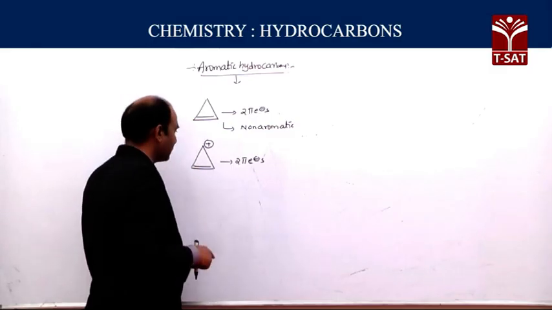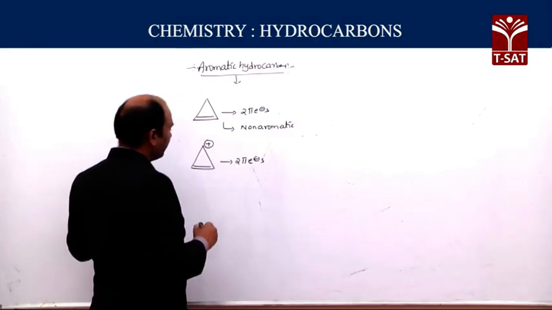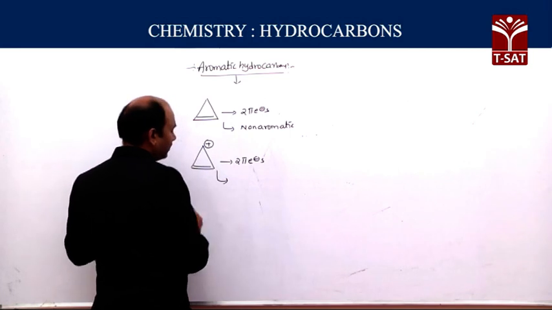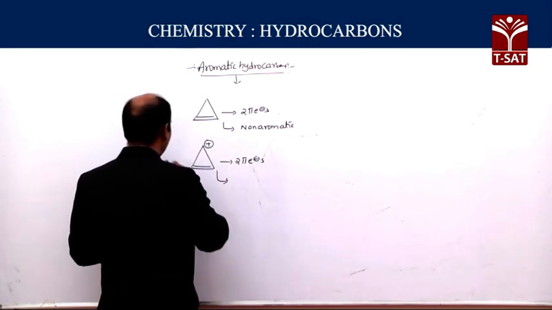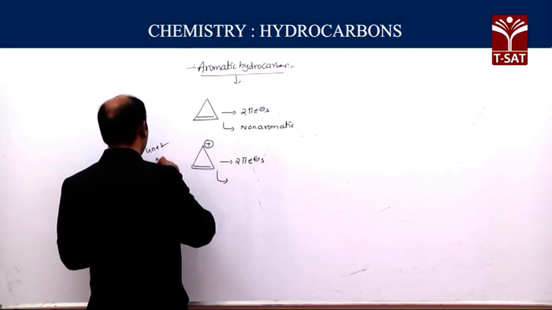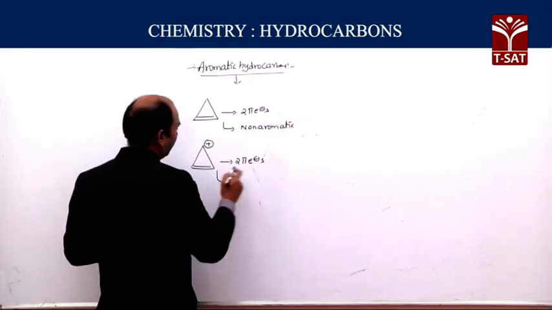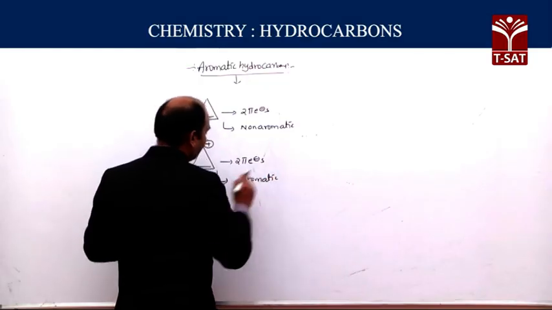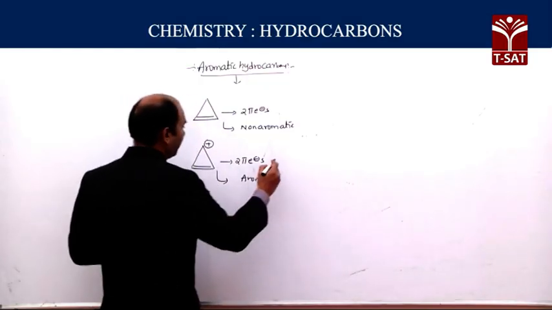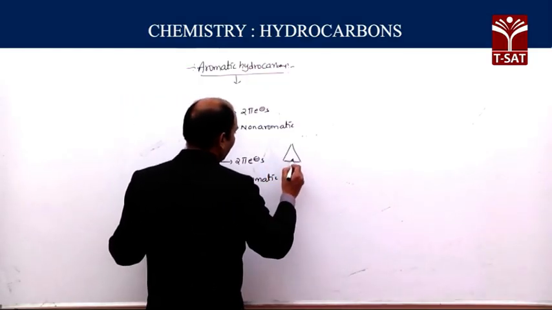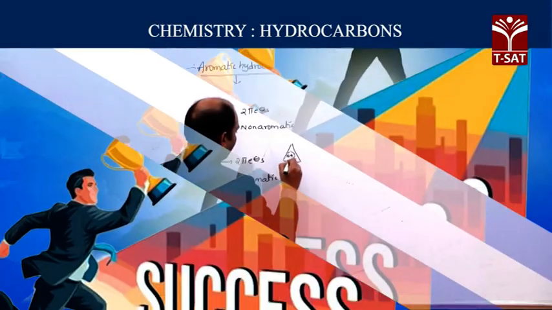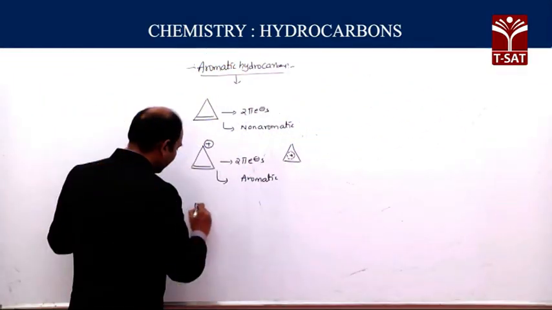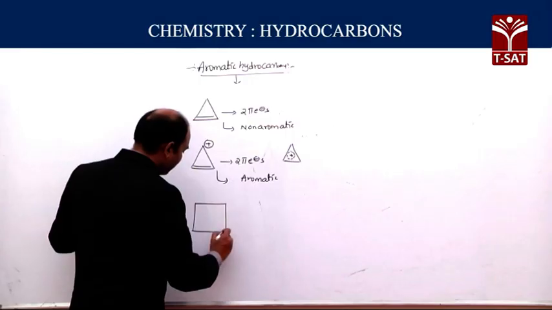That means a conjugated system, and it is a planar molecule. Therefore, 4n plus 2 with n equal to 0 gives 2 pi electrons. This is aromatic. It can also be represented like this, with a plus.